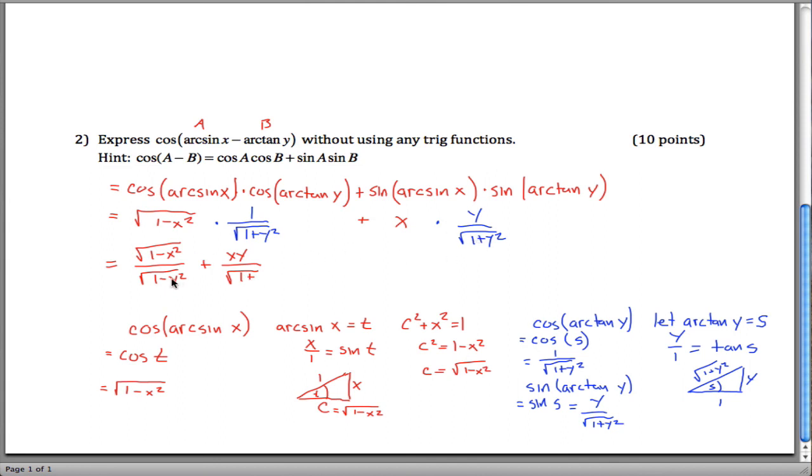Oh, this should have been 1 plus Y squared over here. That was supposed to be a plus. Adding these up, they have the same denominator, so it's just XY plus the square root of 1 minus X squared, divided by this denominator, which is the square root of 1 plus Y squared. Whew, that's finally the end of this quiz.